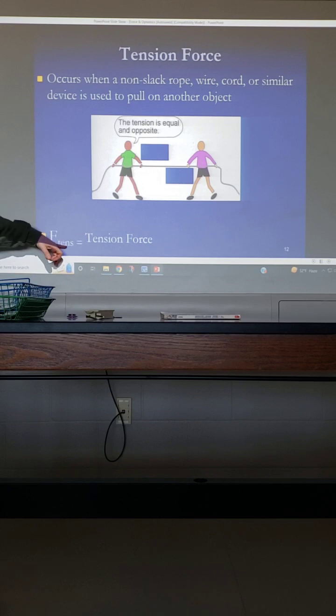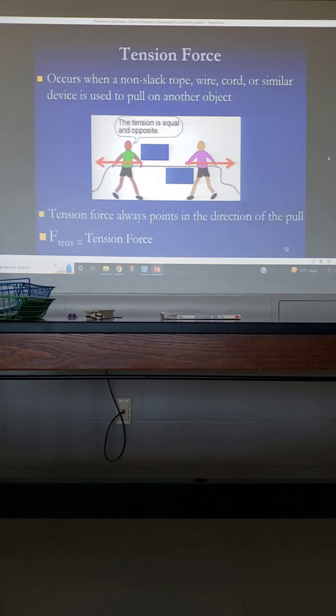And we call that tens, so the tension force is F tens. And again, that capital F is for force. Okay, so they're both pulling in opposite directions. And they're not causing any change, so I know that they're actually pulling equally and in opposite directions.